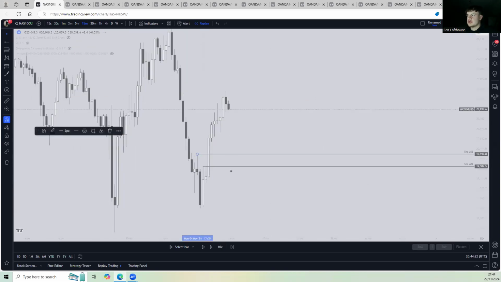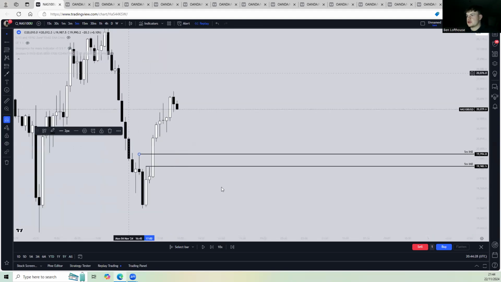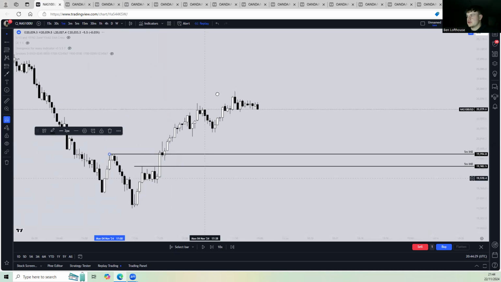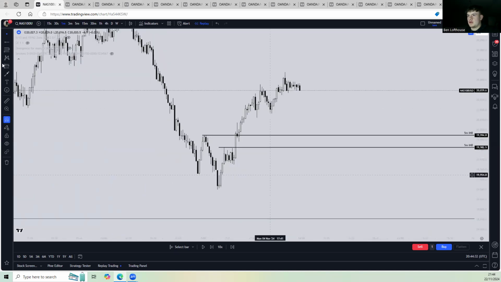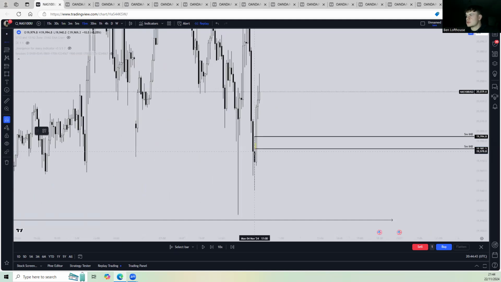It's just the imbalance. We've got a 15 minute there, so that's quite nice actually. So it's adding confluence to this area here. Now we've got 1 minute imbalance, mark that 15.